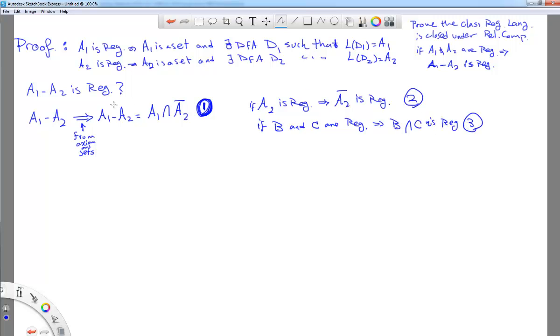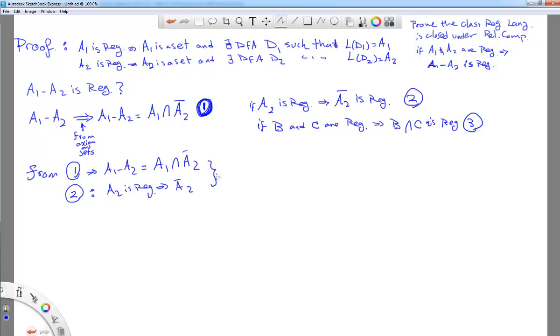Okay, so I have 3 items. From 1, I know that A sub 1 minus A sub 2 is effectively the intersection of A sub 1 and the complement of A sub 2. From 2, I know that if A sub 2 is regular, so will be its complement.